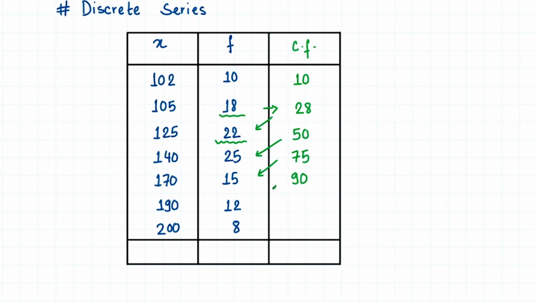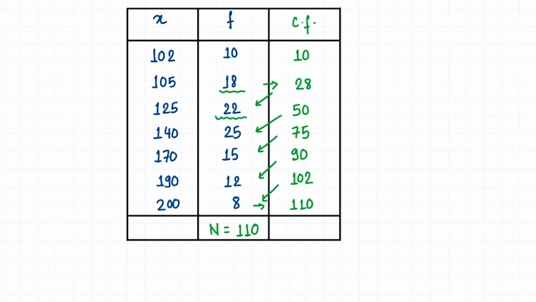And 90 plus 12 is going to give us 102, and 102 plus 8 is going to give us 110, okay? So if you add like this, then you get your cumulative frequency. Now we know that if you add all these numbers of frequency, we are going to get the total frequency as 110. So our n, the number of items, which is the sum of our frequency, is also 110, okay?